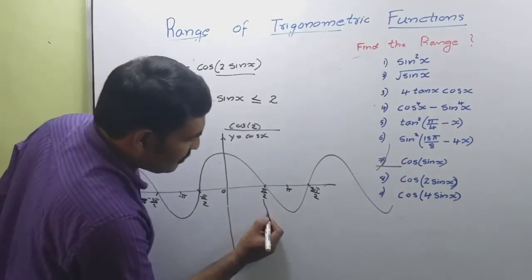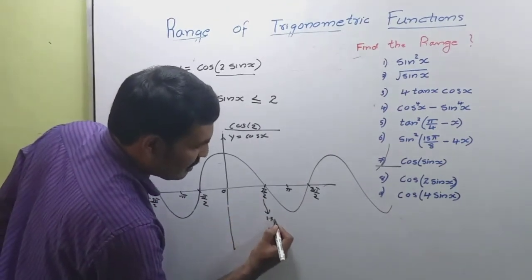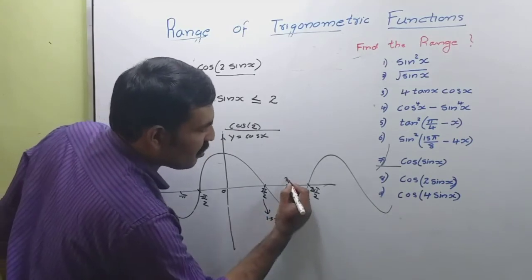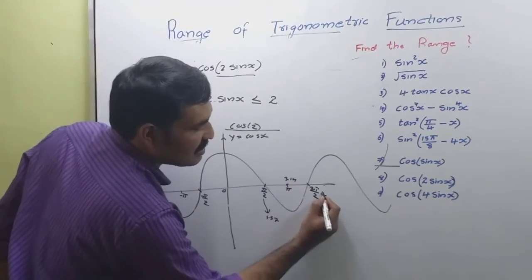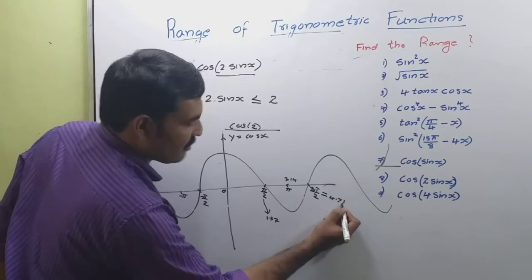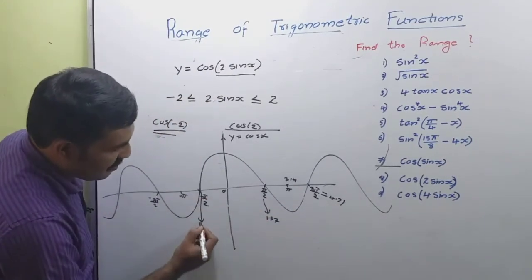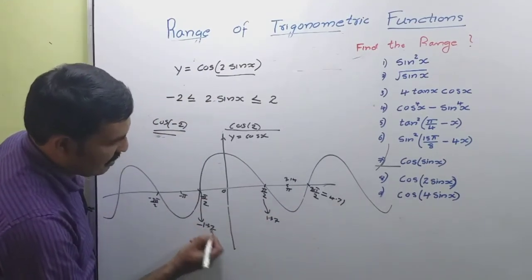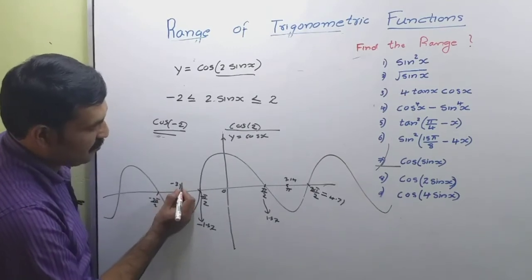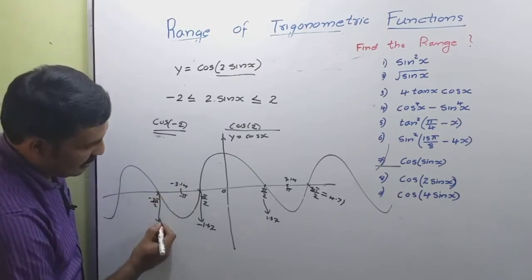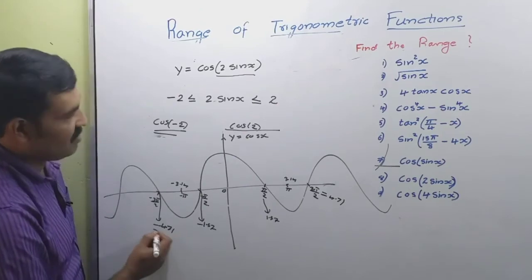Pi by 2 is 1.57, pi is 3.14, and this value is 4.71. Similarly, minus 1.57, minus 3.14, and this point is minus 4.7.